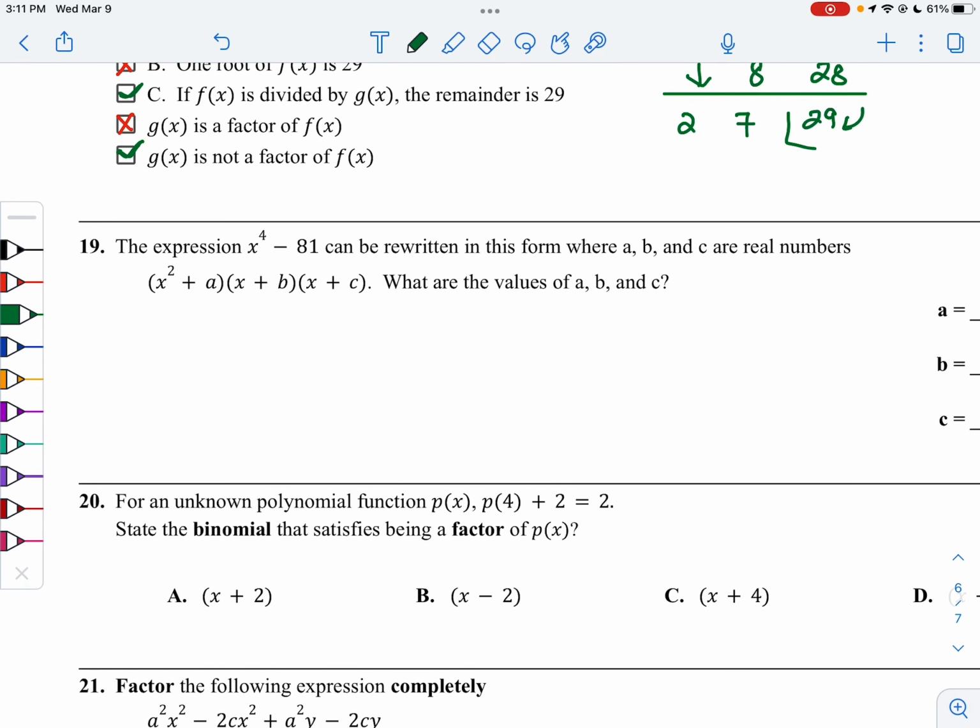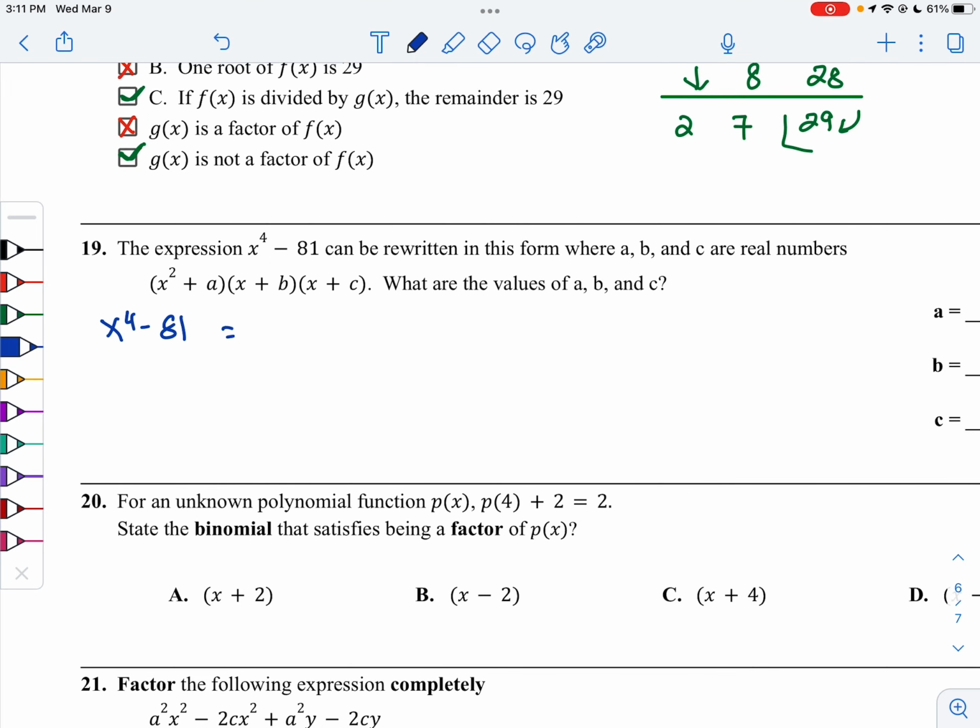Okay, x to the fourth minus 81 can be written as, this is just difference of squares a couple of times. So x to the fourth minus 81 can be written as x squared plus 9, x squared minus 9.